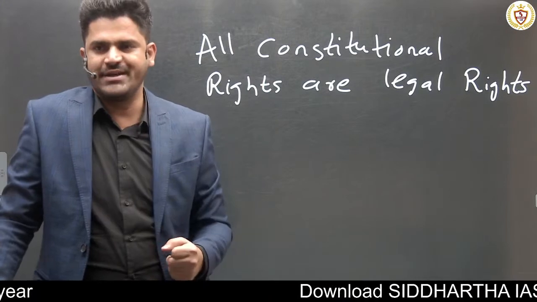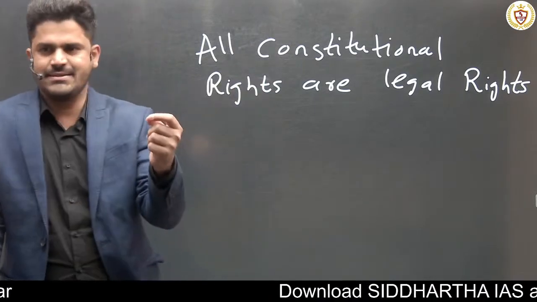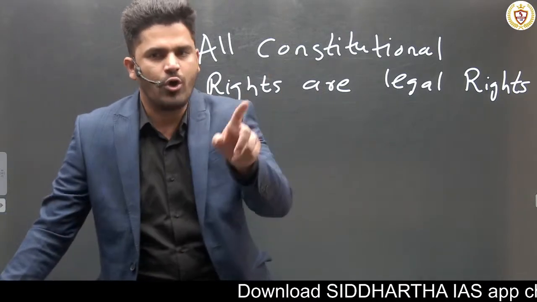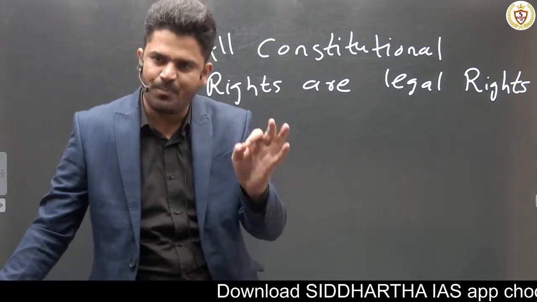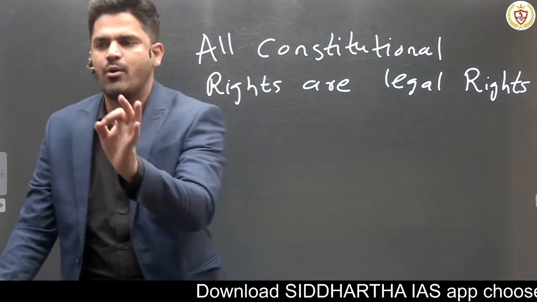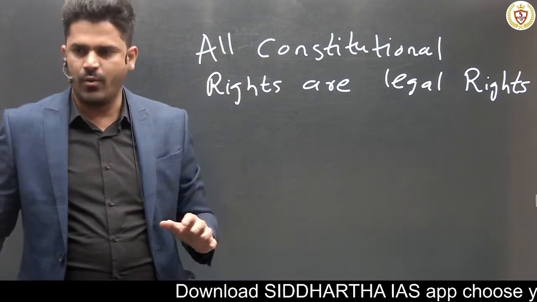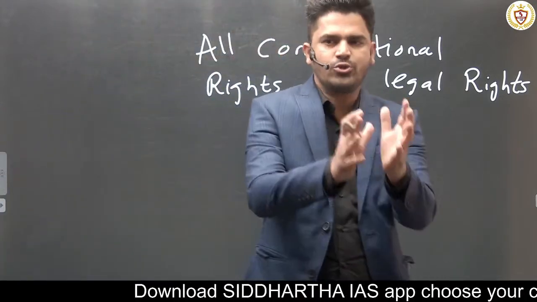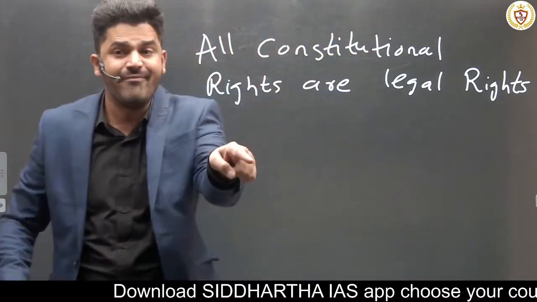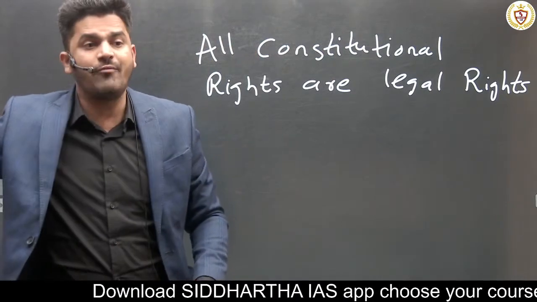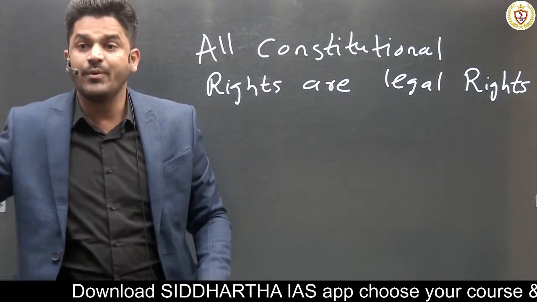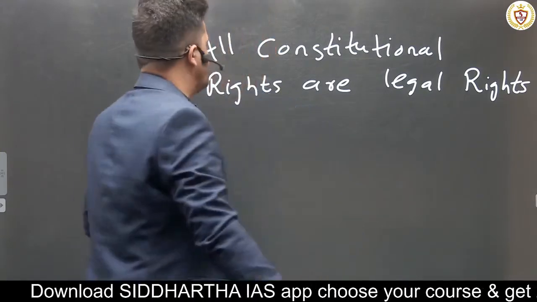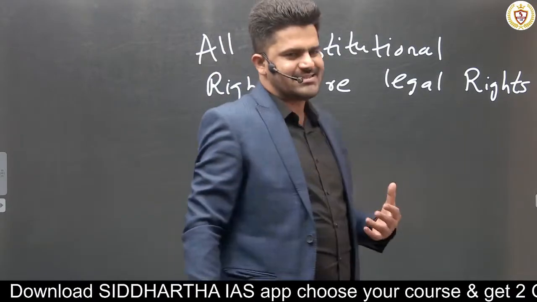So what are constitutional rights? Constitutional rights are those rights which are enshrined in the Constitution itself, which is the supreme, fundamental, paramount law of the land. They are derived not from the ordinary law of the parliament or a state legislature, but from the text of the Constitution itself. Write this down.